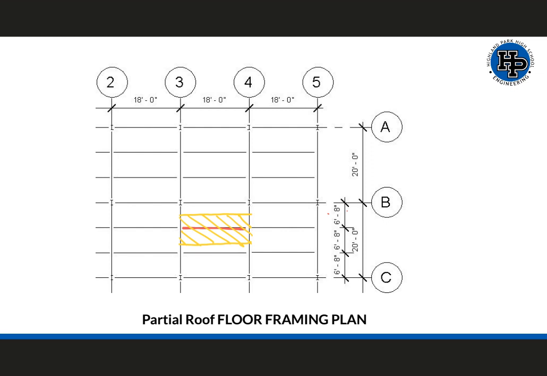If we look at this a little bit closer, we can see that this beam is responsible for 3 feet 4 inches this way and 3 feet 4 inches this way. The reason why I know that is because the distance between each one of these beams is 6 feet 8 inches.